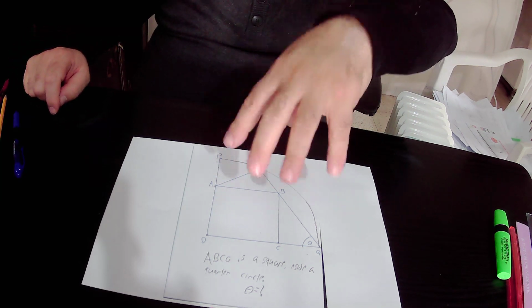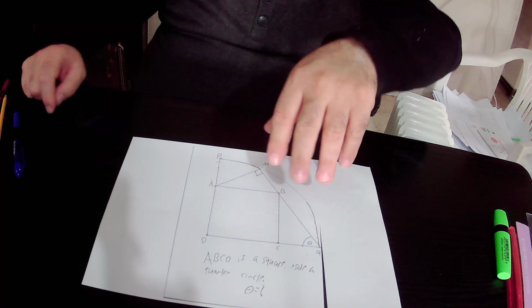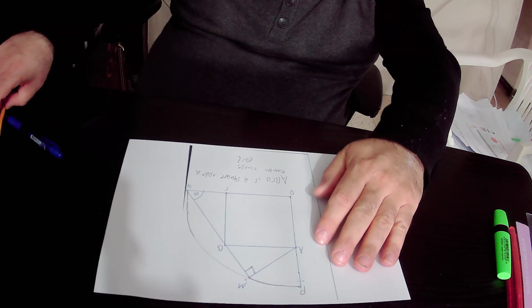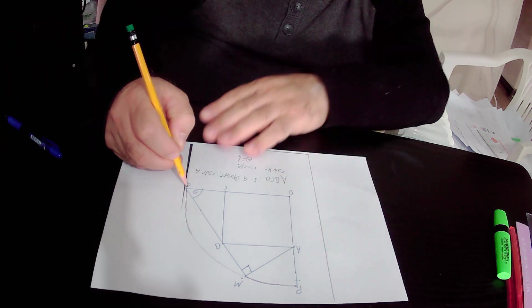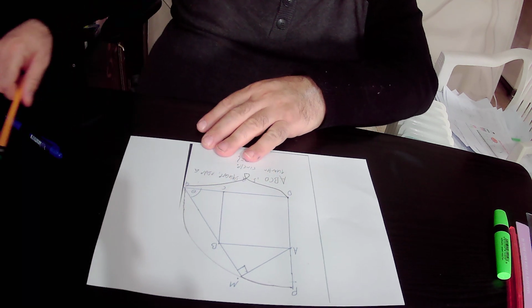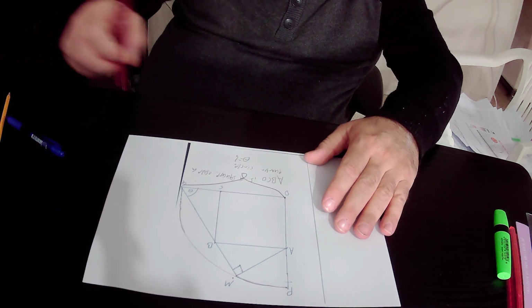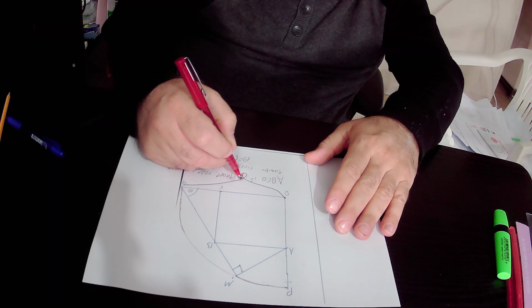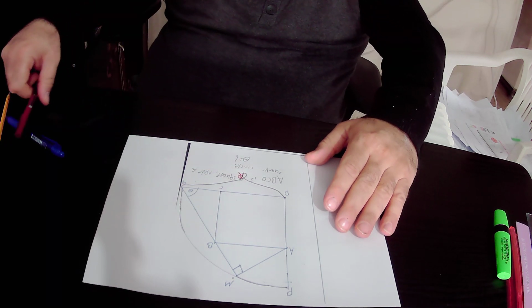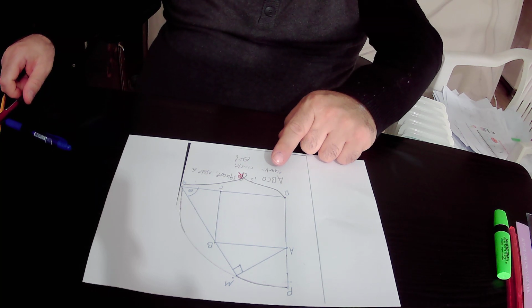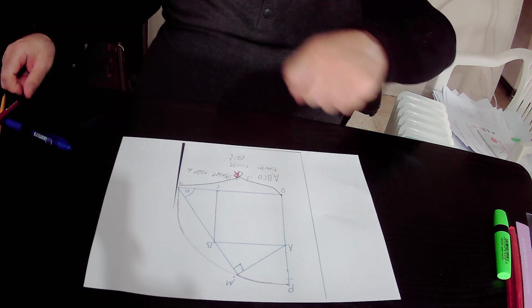We'll define the radius of the quarter circle as capital R. Therefore, the line segment OQ equals capital R. The radius of the quarter circle equals capital R because it is equal to OQ.